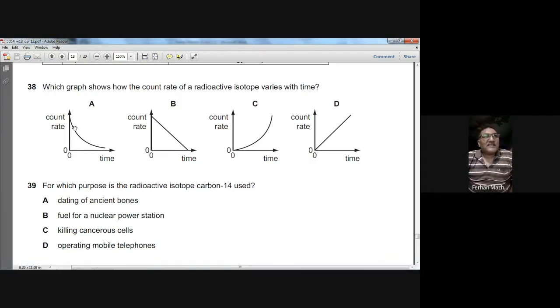The count rate graph changes like this. So A is the option. If you have read your textbook on radioactivity and the topic of half-life, you will see all the graphs of the count rates are like this. With the passage of time, they are decreasing, but they are decreasing like this. So for 38, A is the option.